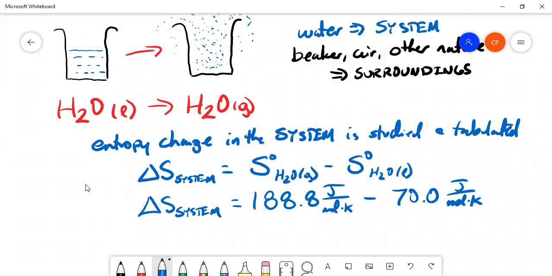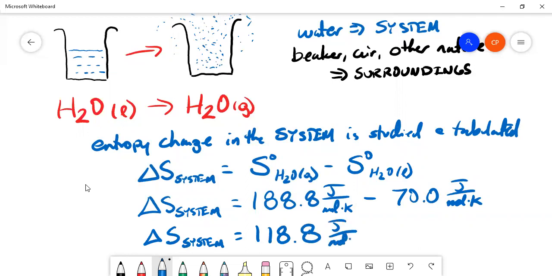It's a pretty straightforward computation. 188.8 minus 70 is 118.8. Okay? That's the easy bit. That's the ordering and disordering of the individual molecules.